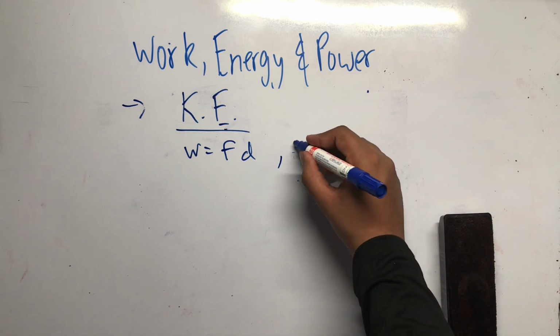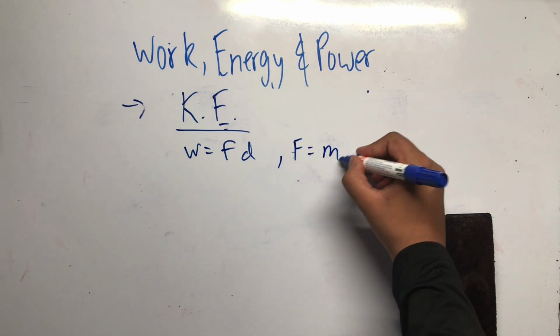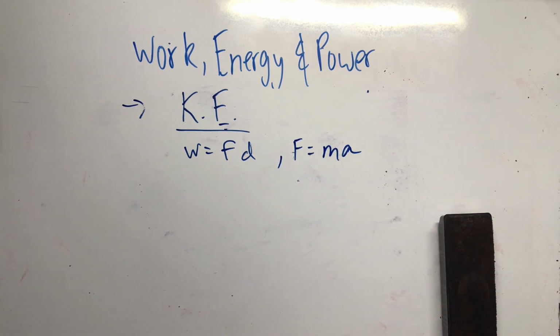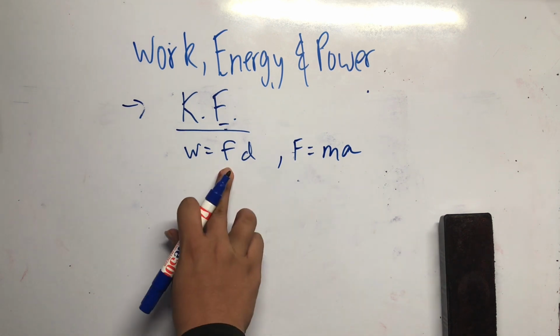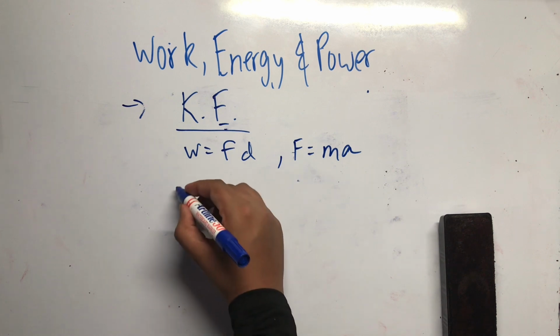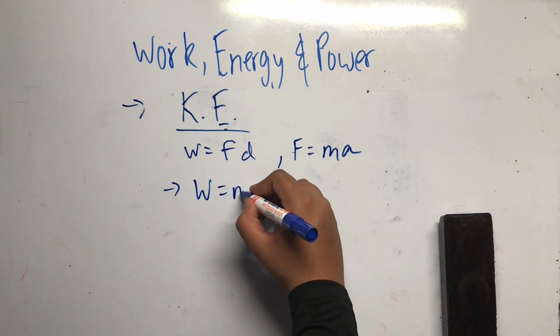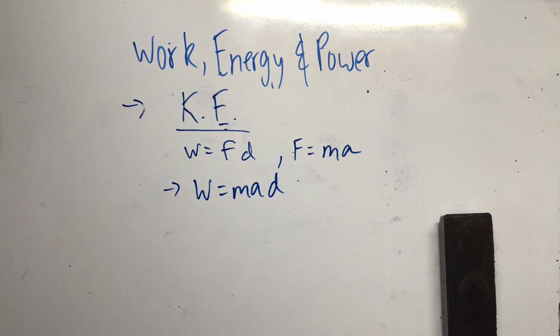Now we know that F is equal to m times a. So substituting ma in your work equation, we will get work is equal to ma times d. Here m is nothing but the mass of the object.